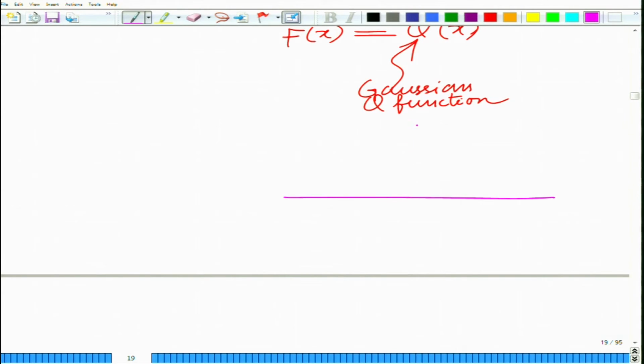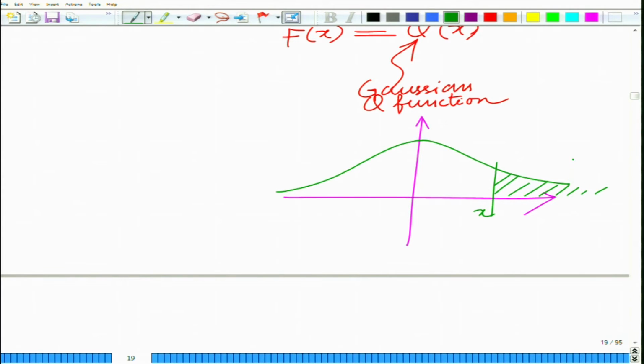You can recall this is given as follows. If you have a PDF of the standard normal random variable, mean equals 0, variance equals 1, this is the CCDF, that is the probability that X is greater than or equal to x. Okay, so this is the tail probability.